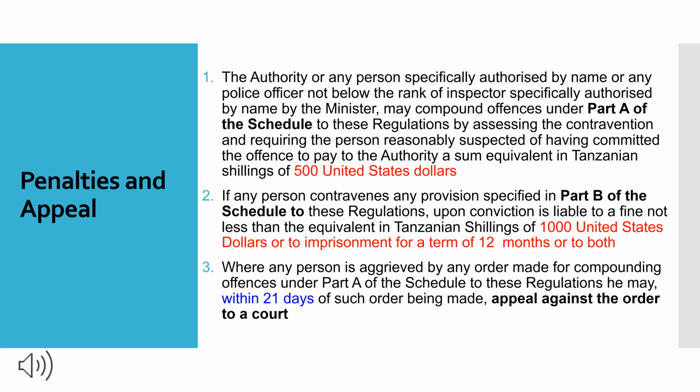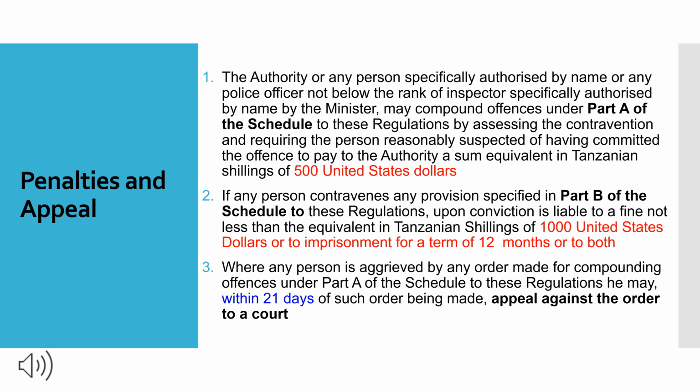Penalties and appeal. The authority or any person specifically authorized by name, or any police officer not below the rank of inspector, specifically authorized by name by the minister, may compound offenses under Part A of the schedule of these regulations by assessing the contravention and requiring the person reasonably suspected of having committed the offense to pay to the authority a sum equivalent in Tanzanian shillings of 500 United States dollars.